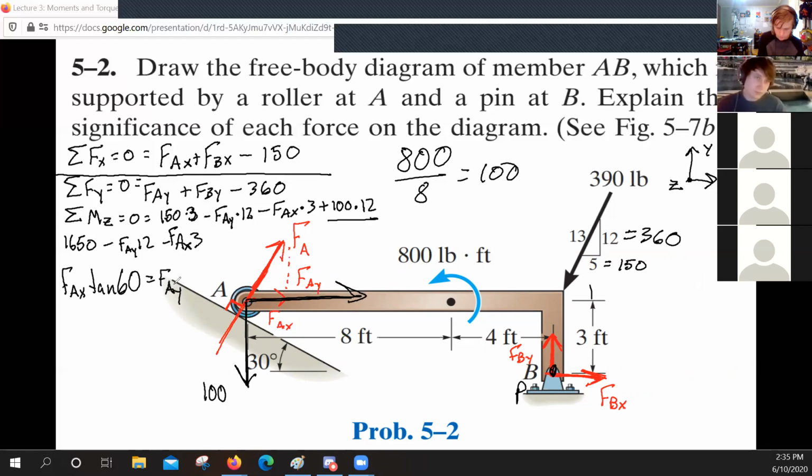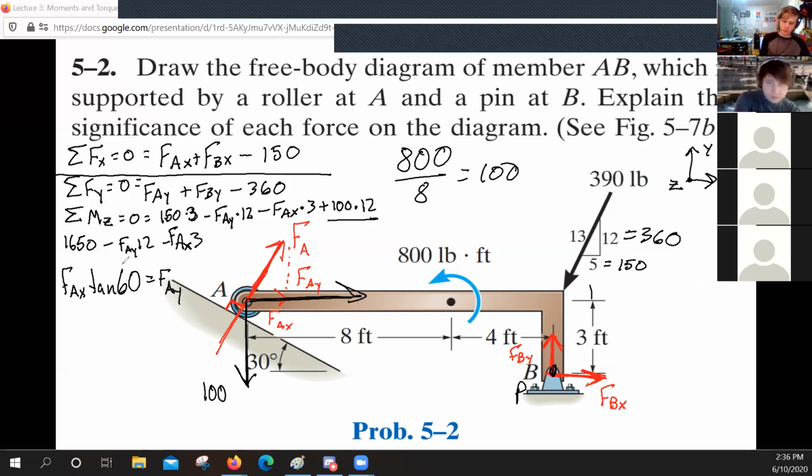All right? Okay, so can anyone tell me what we're going to do with that to be able to solve one of these variables, I guess? We have two equations that have FAX and FAY in them.